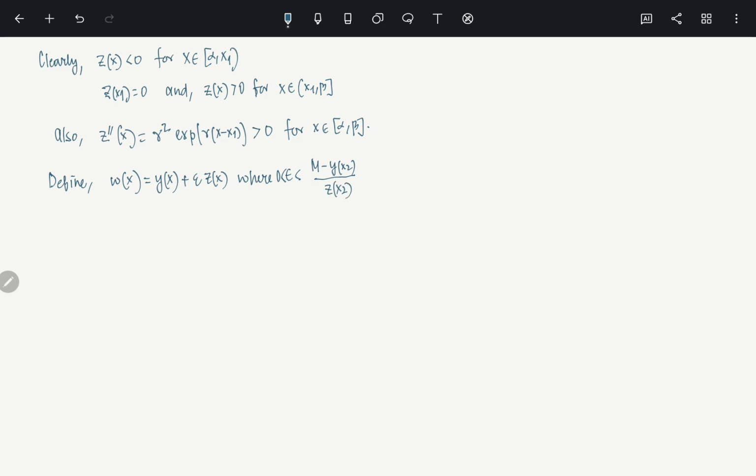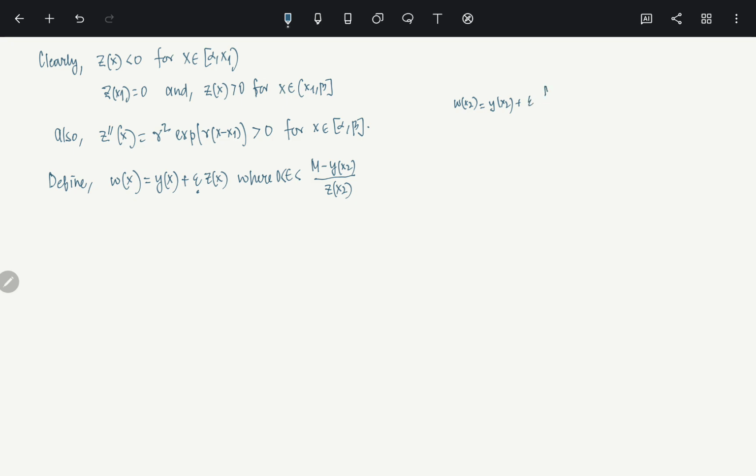Is this okay? I mean, we define this new function, and this epsilon is such that something like this happens. See, if this thing happens, what happens to w of x2? It is y of x2 plus epsilon times z of x2, right?